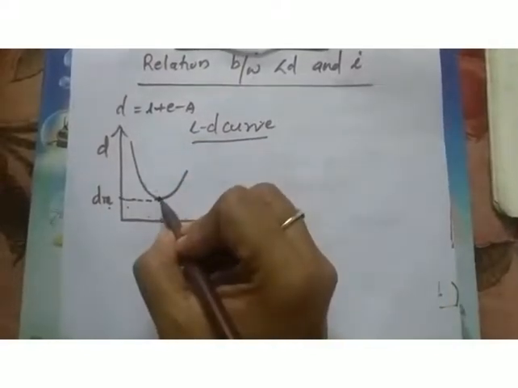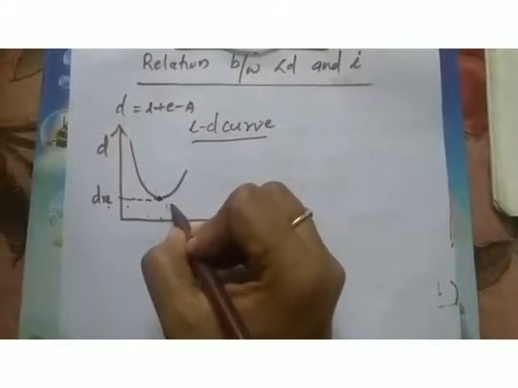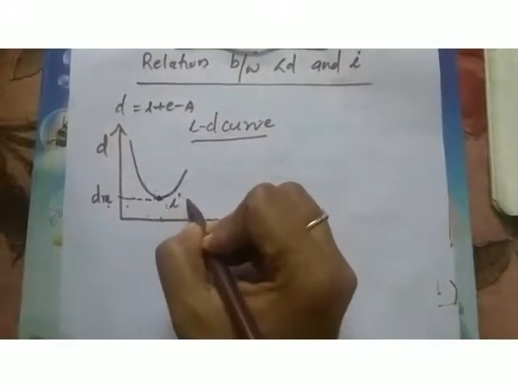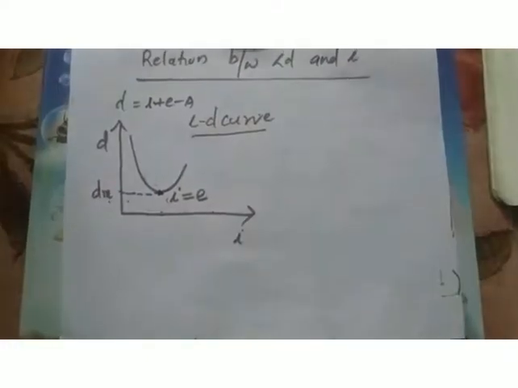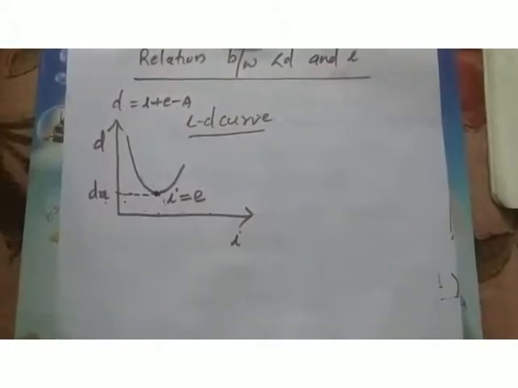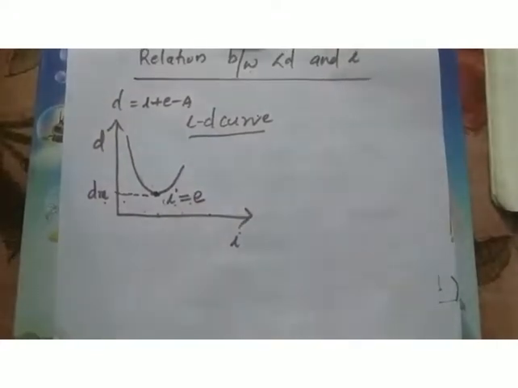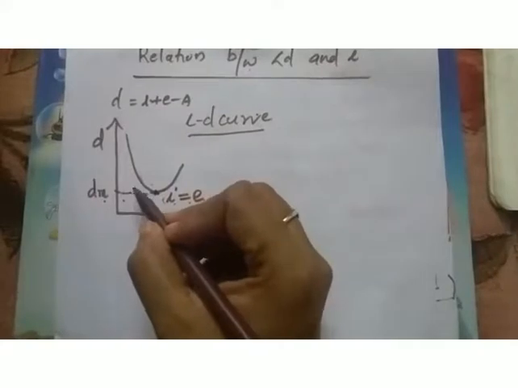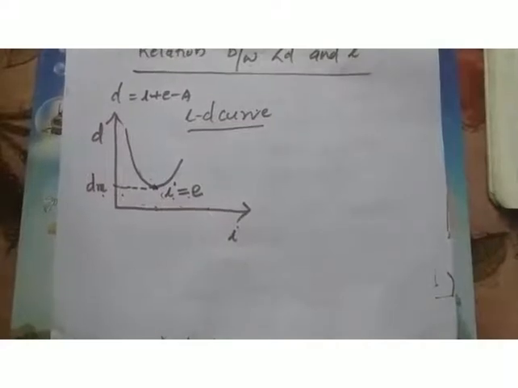And in which situation is this point reached? This point is reached when the angle of incidence becomes equal to the angle of emergence. The angle of emergence is the angle between the emergent ray and the normal. So when the angle of incidence is equal to the angle of emergence, the angle of deviation takes the minimum value, and it is the angle of minimum deviation.